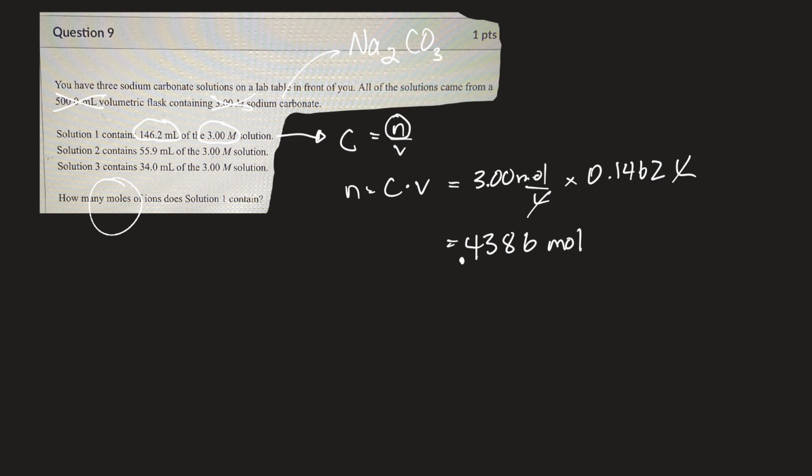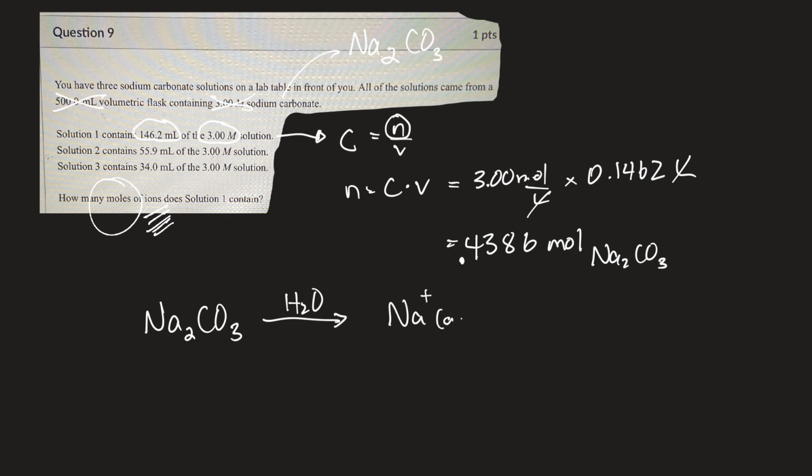But the question says how many moles of ions does it have? This is the moles of my sodium carbonate. So I guess what I need to do now is dissociate that. So I have sodium carbonate. If I dump that in water, it produces sodium ions, aqueous, and carbonate ions, aqueous.